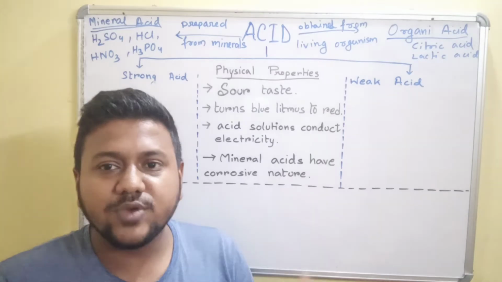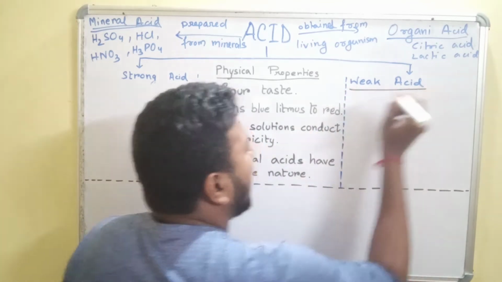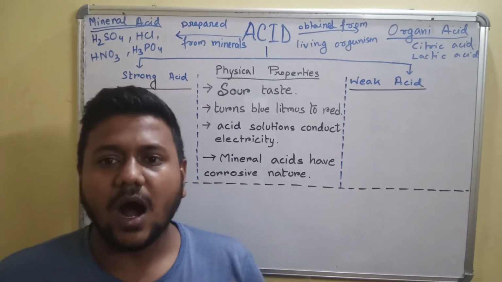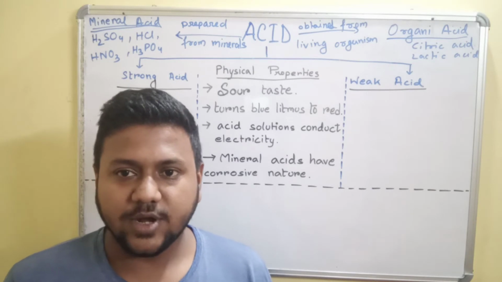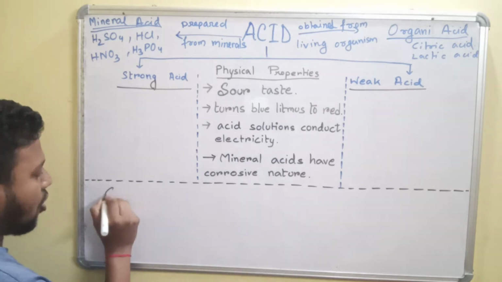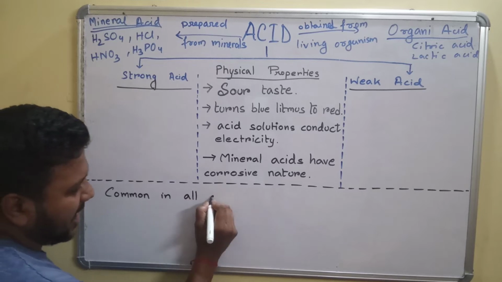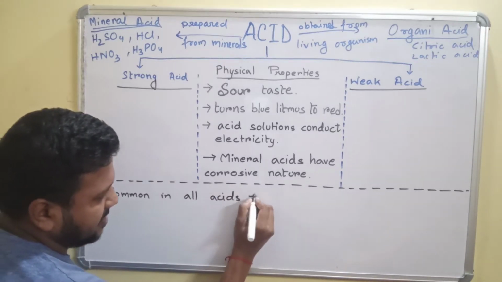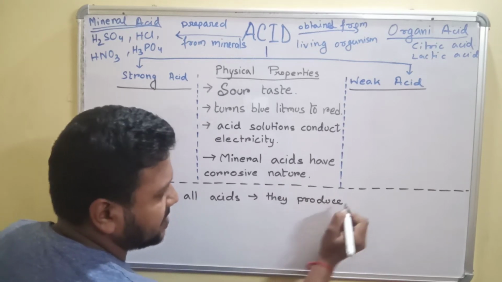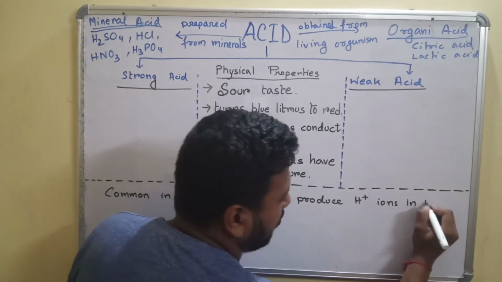So how do we distinguish between a strong acid and a weak acid? We know acids, when dissolved in water, give a hydrogen ion. So this is a common thing in all acids: they produce H plus ions in water.